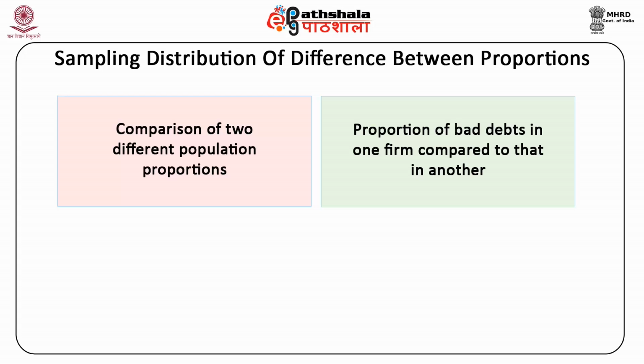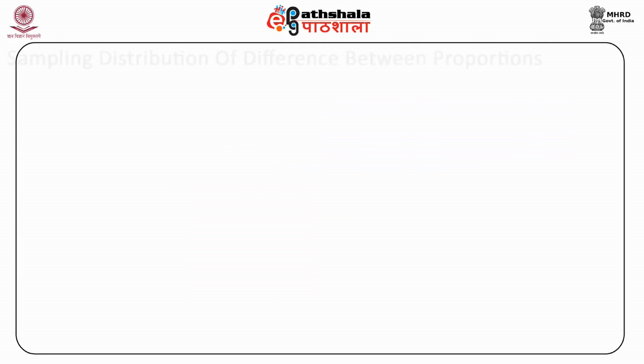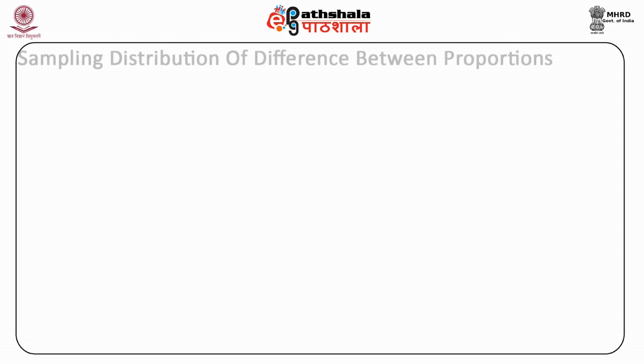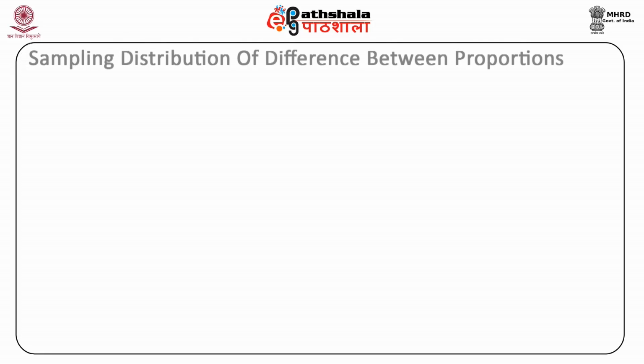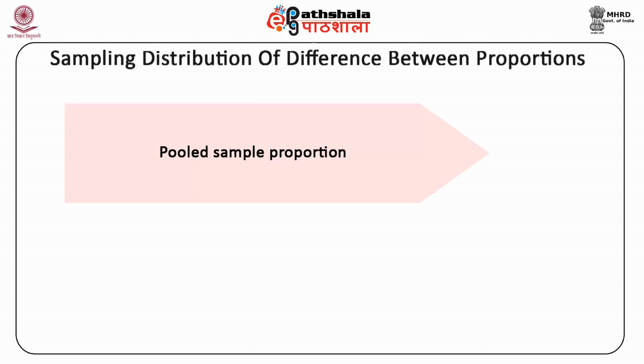As learned in the previous section, in a similar manner, we will understand the method for testing the difference between proportions. Next, moving on to the sampling distribution of difference between proportions.